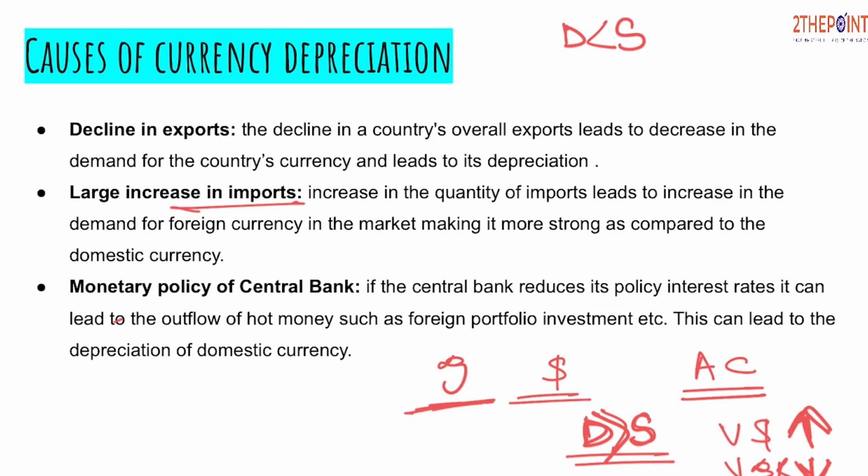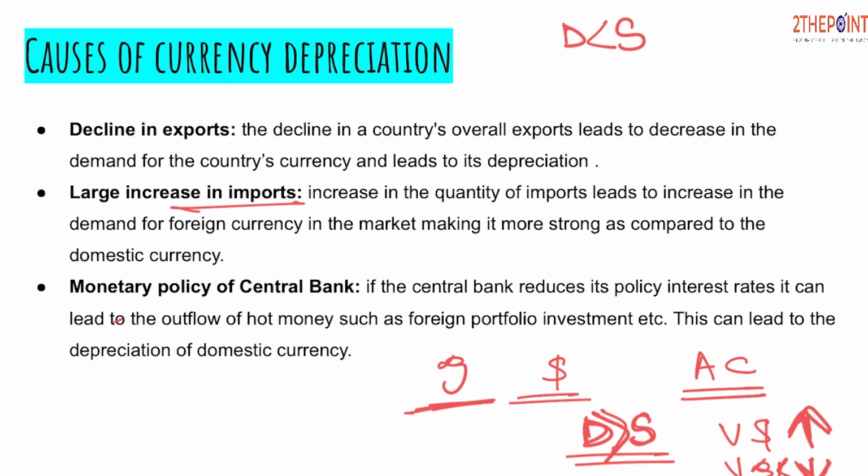Then there is the monetary policy of the central bank. If the central bank is not offering a lucrative rate of interest, the foreign institutional investors who invested earlier in India would take out that money and demand more dollars in exchange for the Indian rupees they invested in the Indian market.